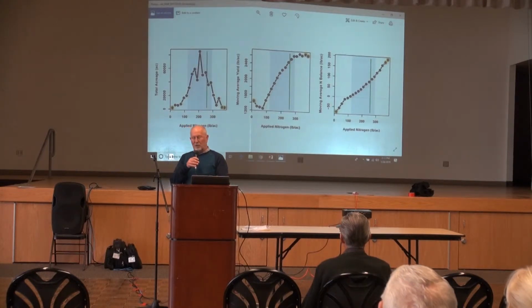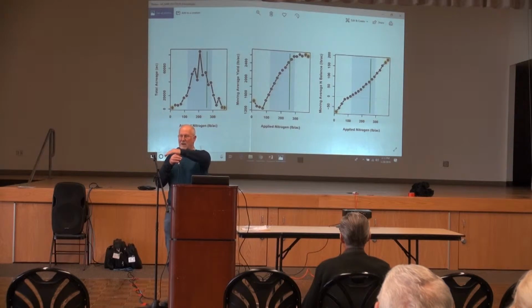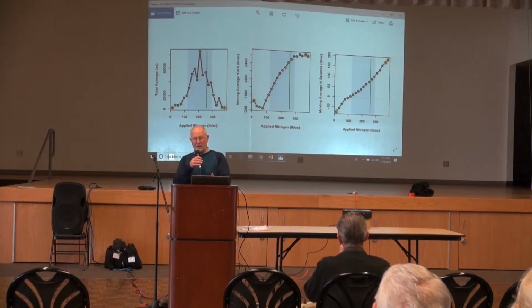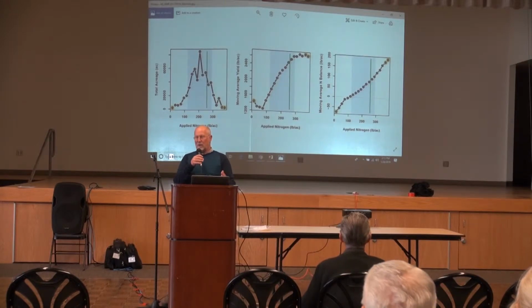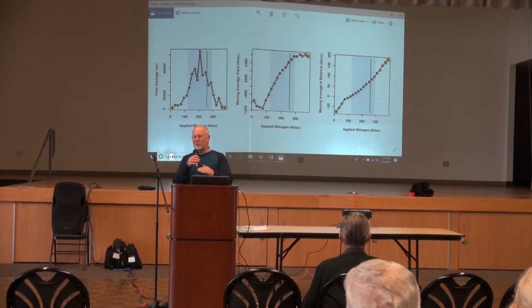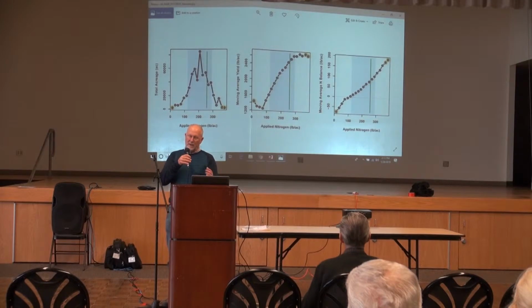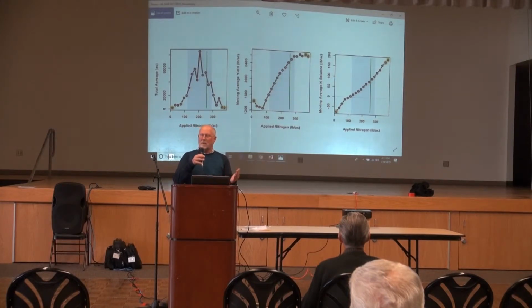And you also see in the almonds, in these yellow points, so we're not as confident about them, but you begin to see things kind of tail off. In other words, on that right-hand end of the middle graph, you begin to see that the increase really levels off. Now we're putting on more nitrogen, and on the average, we're really not getting that many more almonds. That's often what we see when we do experiments, right?